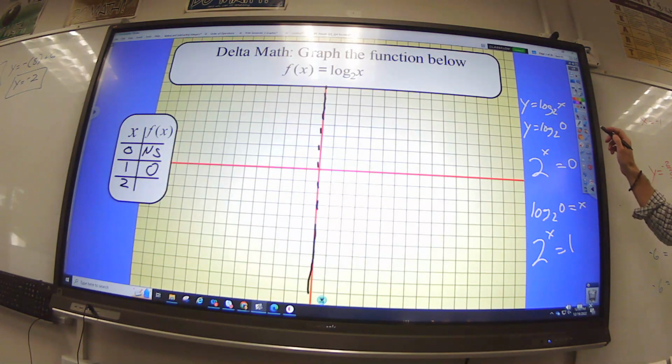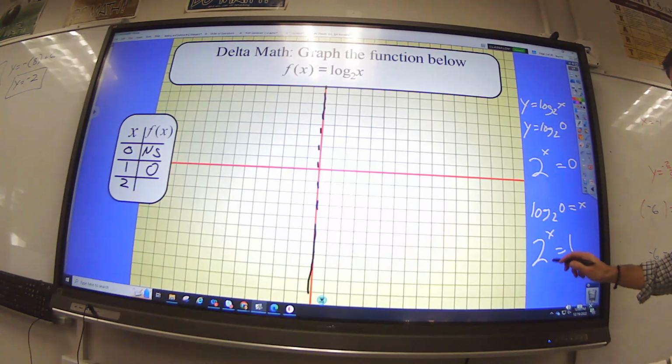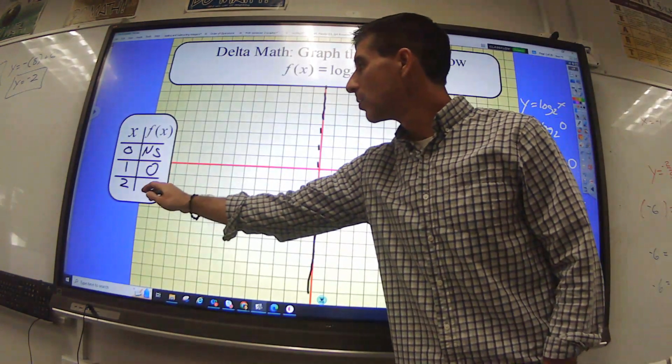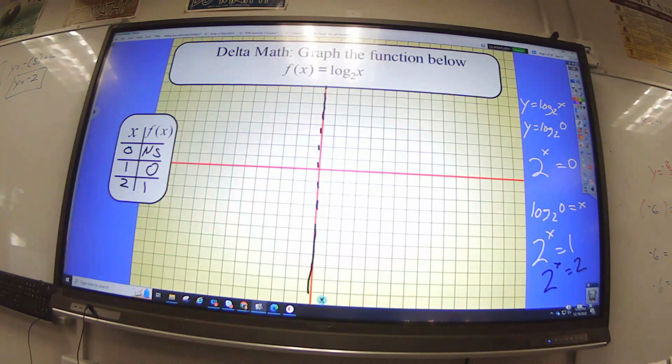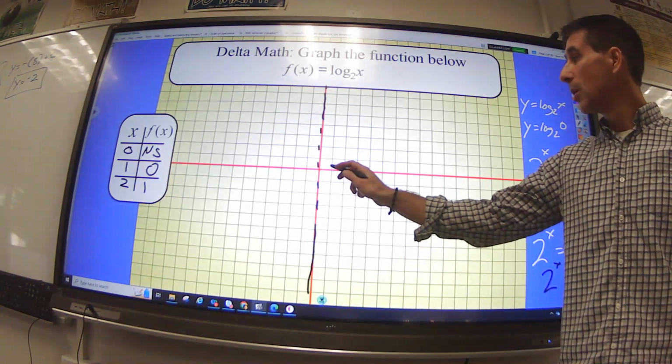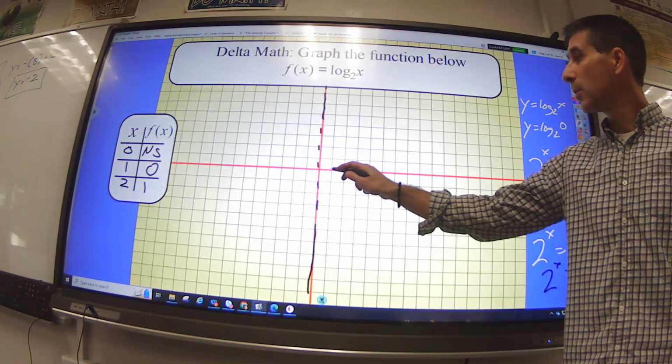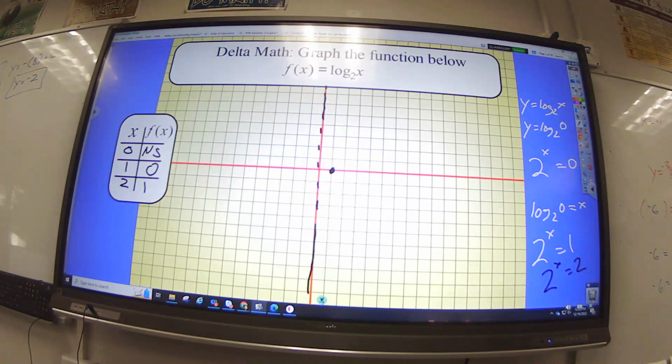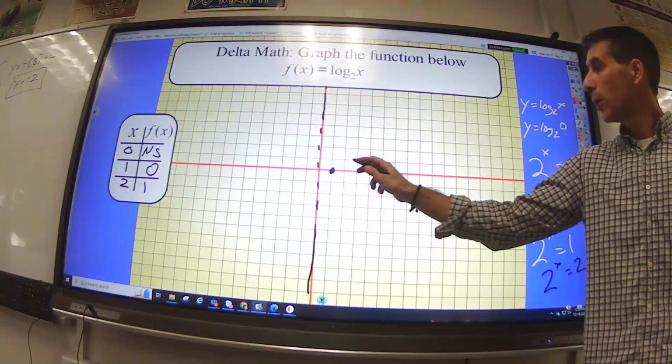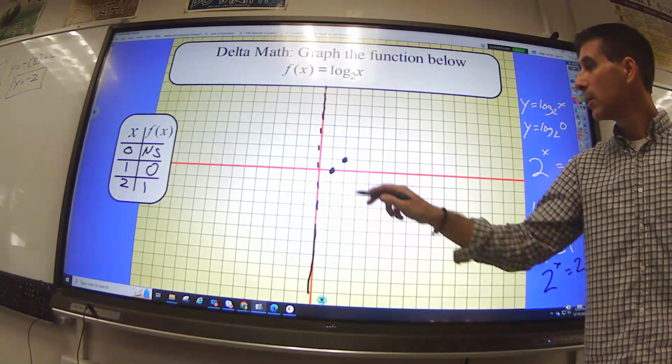But now here's the last one. 2 to the what equals 2? I should put that as y. What's this going to be? 1. You guys remember? So, let's go ahead and put 0 is no solution. 1, 0. There's that point. And then 2, 1.